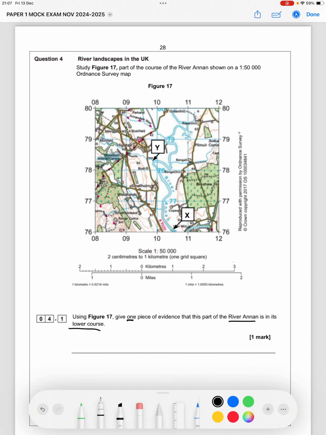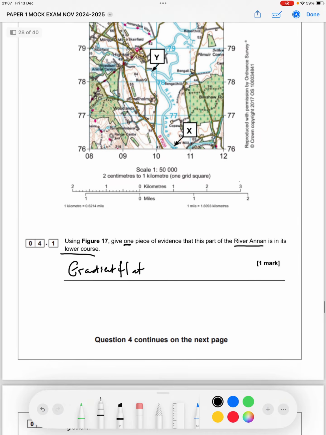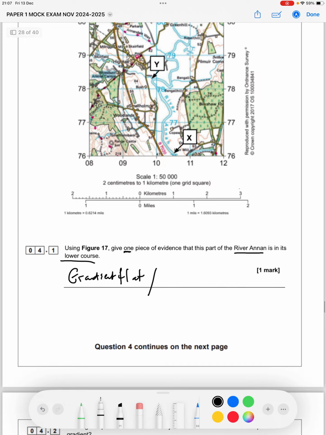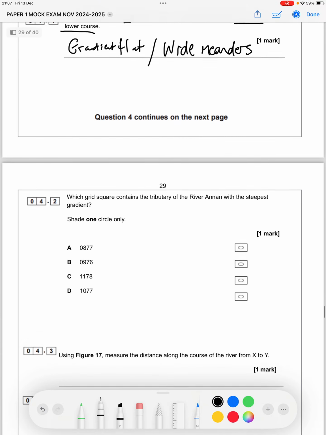If we could see the contours clearly, we could say that the gradient is quite flat. You could also make the point potentially that the river has got nice wide meanders, so it's flowing in big long curves. So again, something you could use there. Your revision should help you out there.